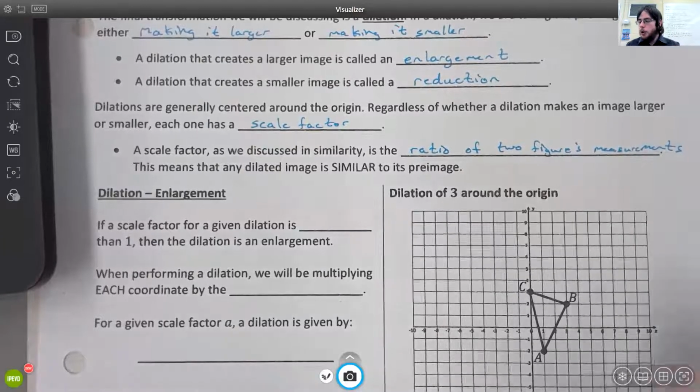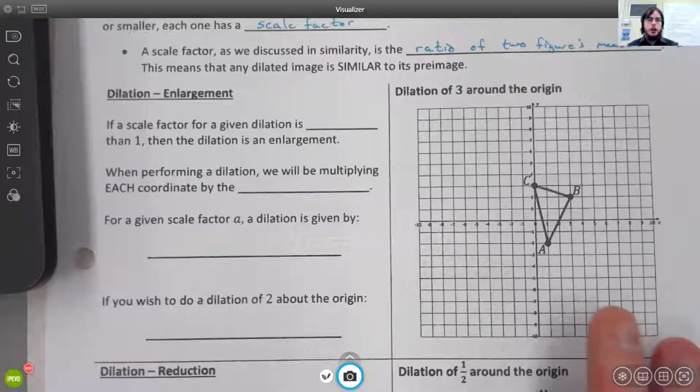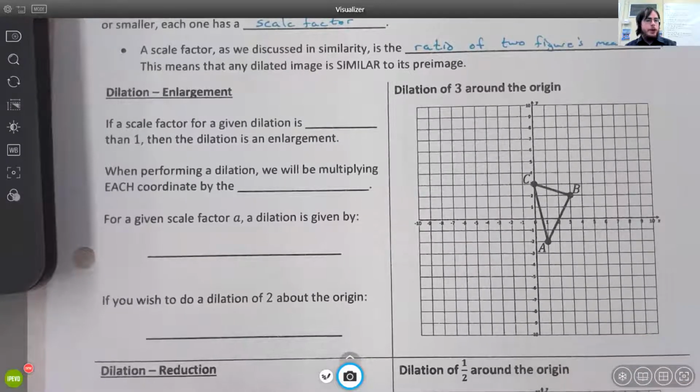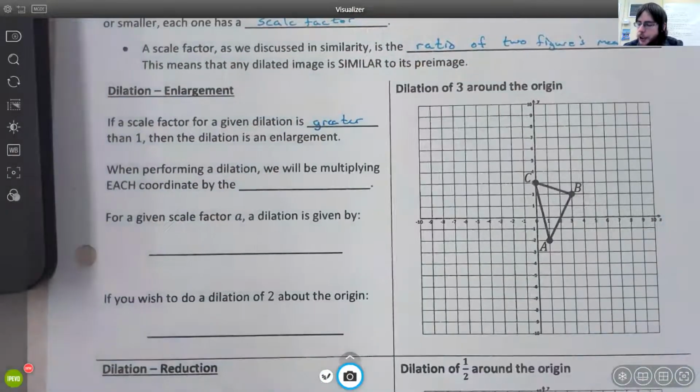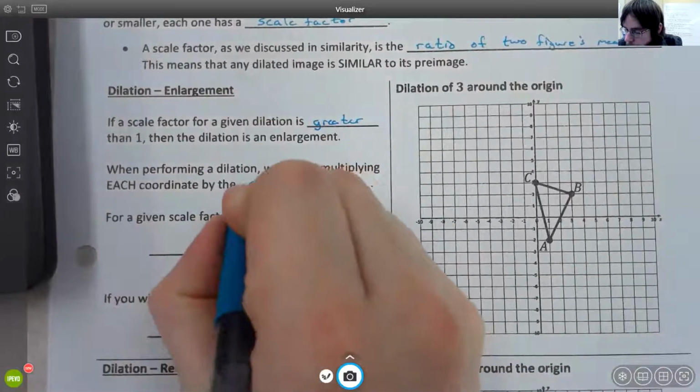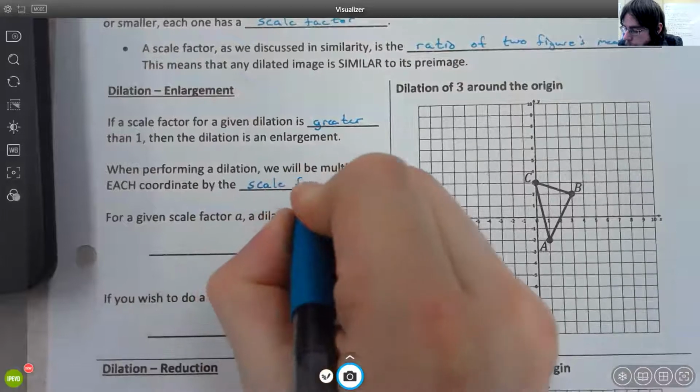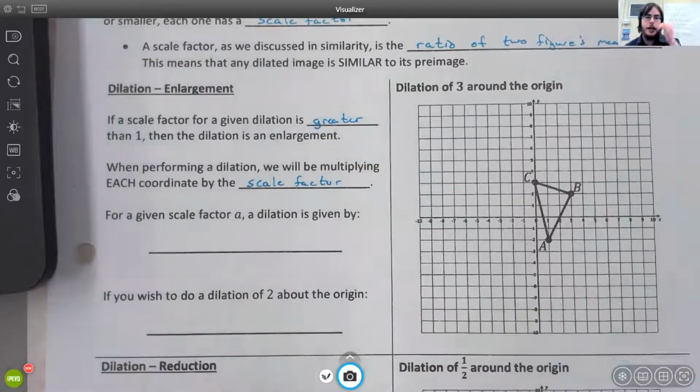So the first one we're going to talk about is an enlargement. If the scale factor for a given dilation is greater than 1, then the dilation is an enlargement. When performing a dilation, we will be multiplying each coordinate by the given scale factor. So we have to know what scale factor we're dilating by, because that's what we're going to multiply our coordinates by.